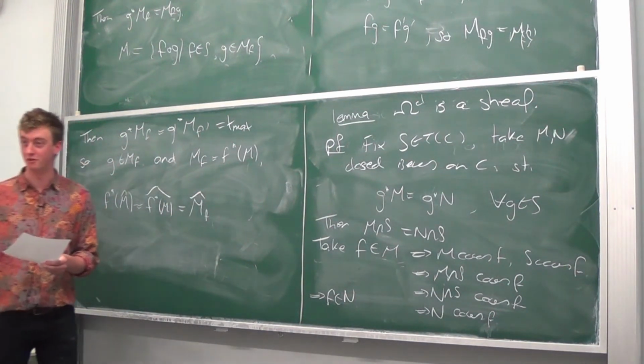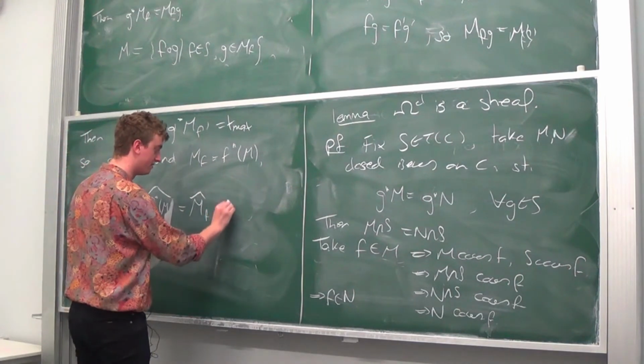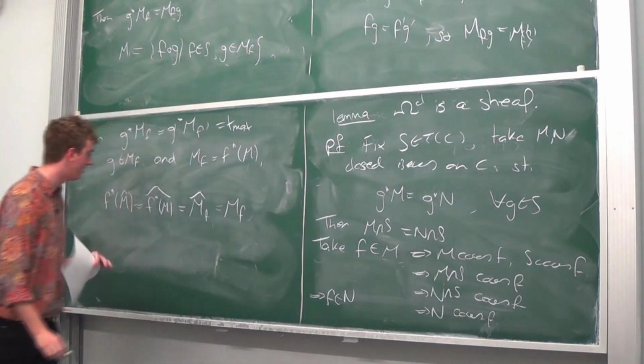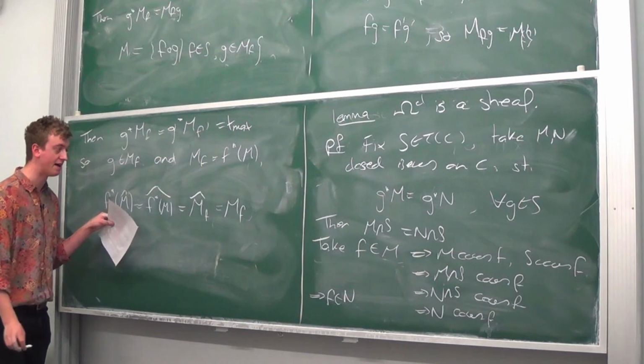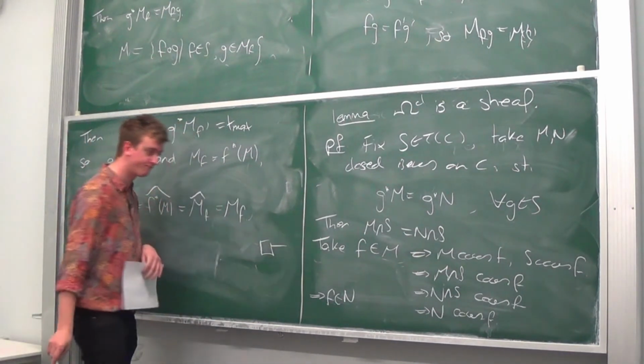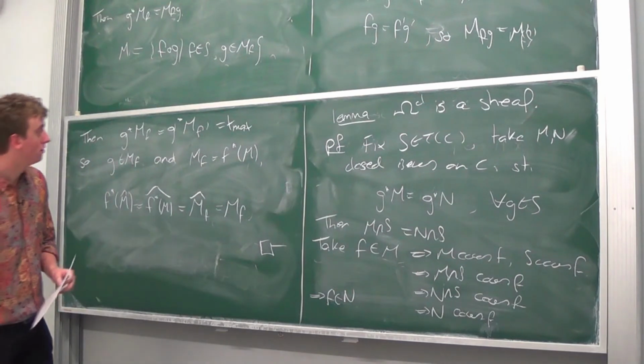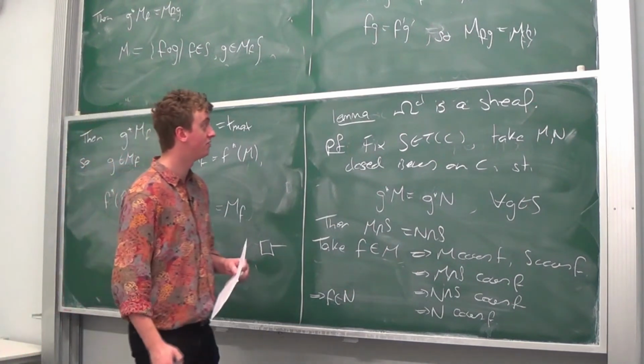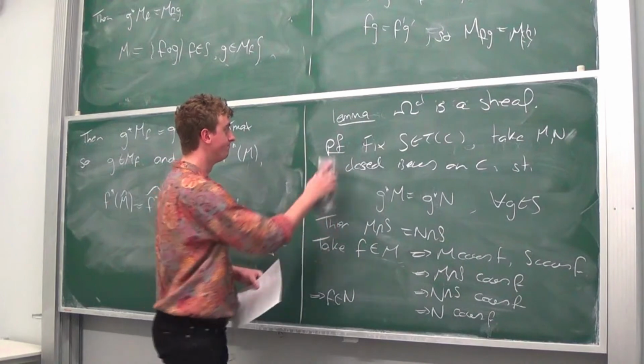But then M_f was taken to be closed to start off with. This is just M_f. And so M hat definitely amalgamates this matching family. So we have ourselves a sheaf. Omega closed.